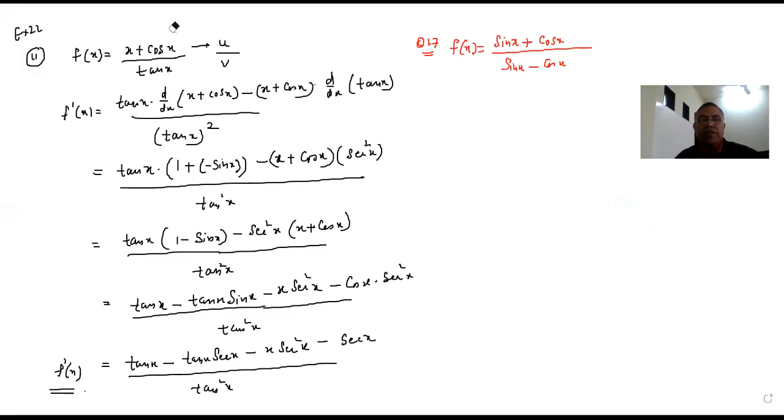So again, because it is a division of two functions, I will take this function as u and this function as v.